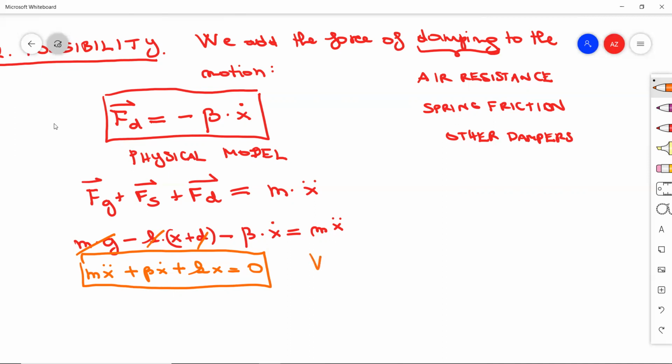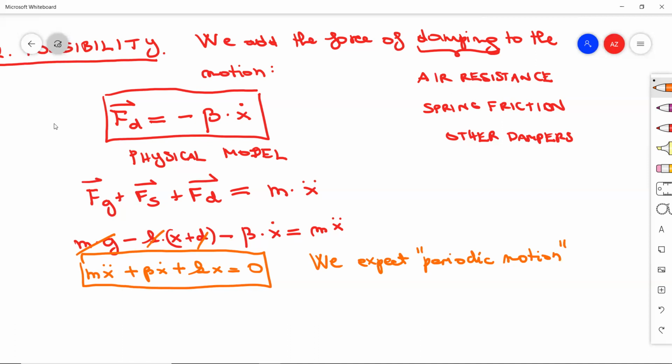So we expect periodic motion, and I will put this in parentheses. By periodic motion we mean that the solution will be some linear combination of sines or cosines, but in fact it won't be periodic because the amplitude will decrease all the time.